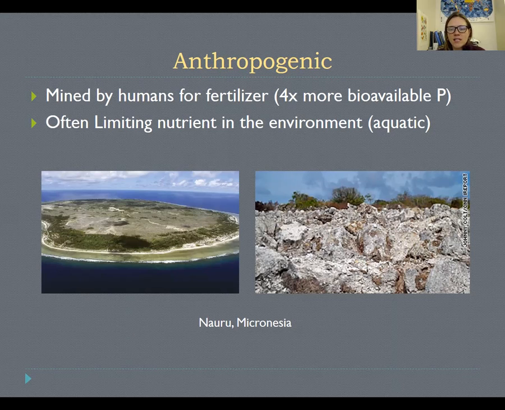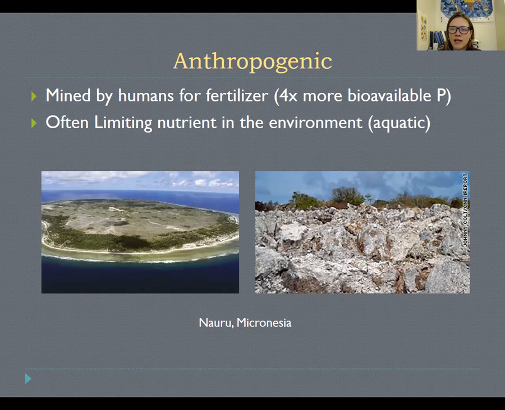And so this is commonly mined from different kinds of rocks, and in particular, different kinds of islands that might have lots of guano, which is like poop, bat poop or bird poop, that has built up over long periods of time. And so a lot of times there's interest in mining those resources that have lots and lots of phosphorus in them and then utilizing them in fertilizers.